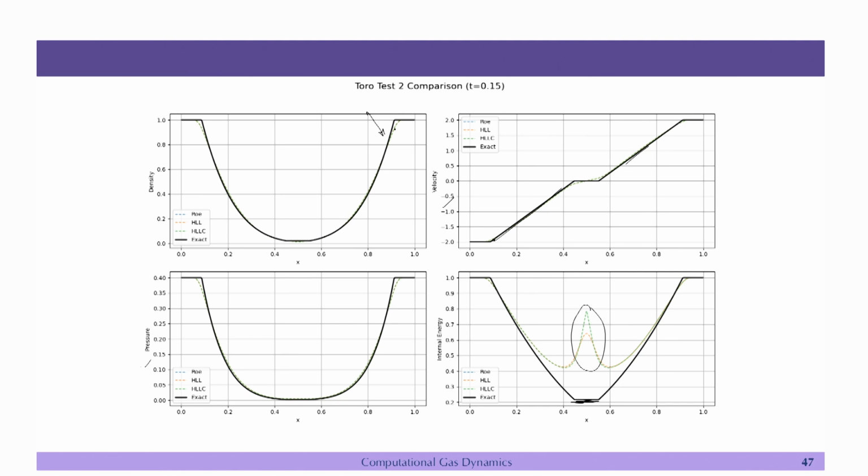So, you guess a P star, okay, and try to calculate this U star L, U star R, match both of them and get that P star for which both are matching, okay, and then you calculate the U star again. So, this is an iterative approach. So, this is what is solved to solve all these problems. Of course, you need to have a very good guess for P star to get the solutions right.